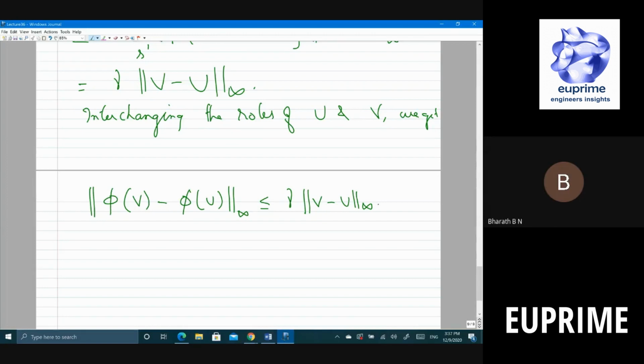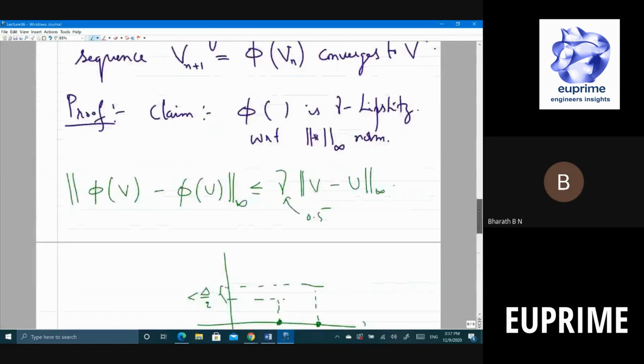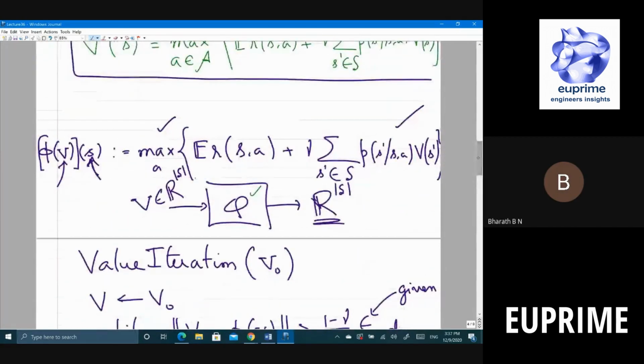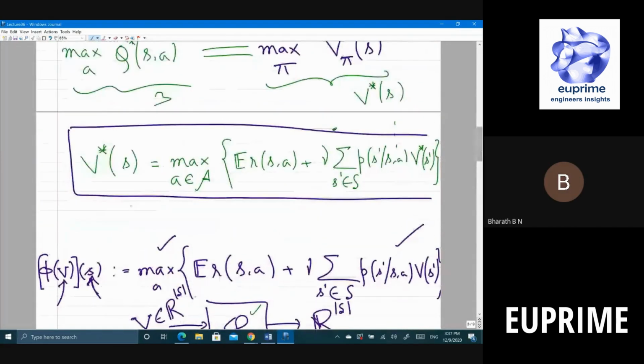Okay. So now, if you look at the Bellman equation, I'll point you to the Bellman equation. So what is the Bellman equation? This iteration, v star equal to, where is that? Yeah, so this is called the Bellman equation. This equation v star of s equals max over whatever, and then summation over all s dash of p of s dash given s, a times v star of s dash, right?